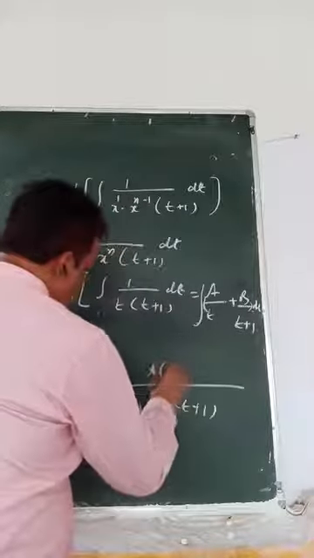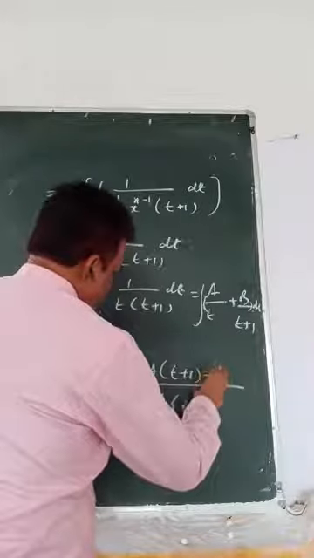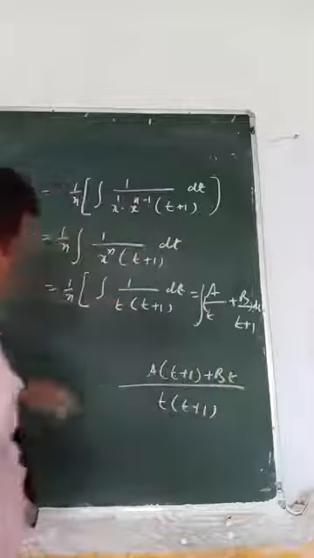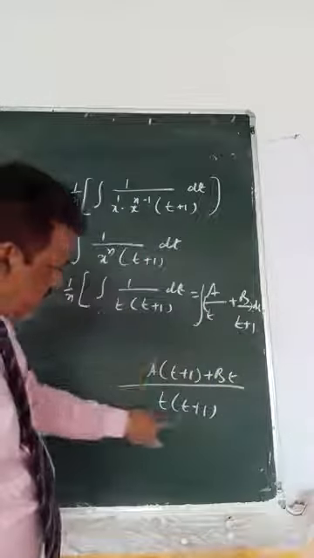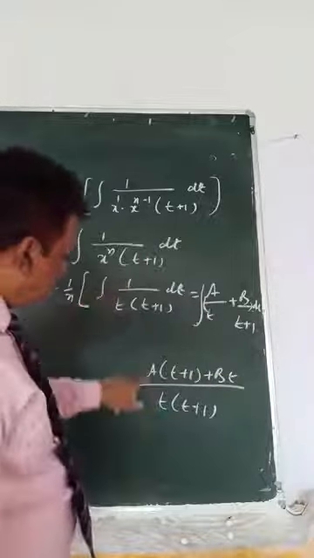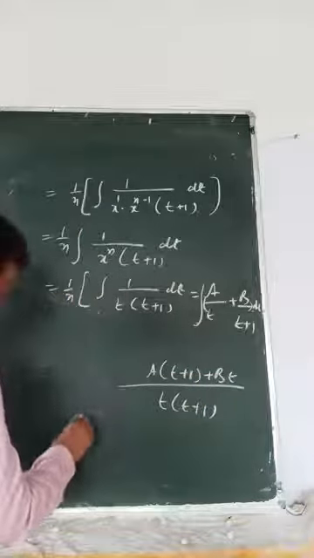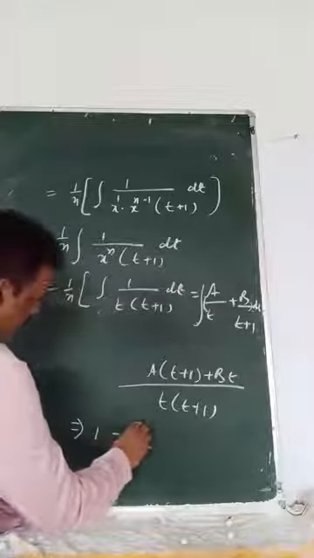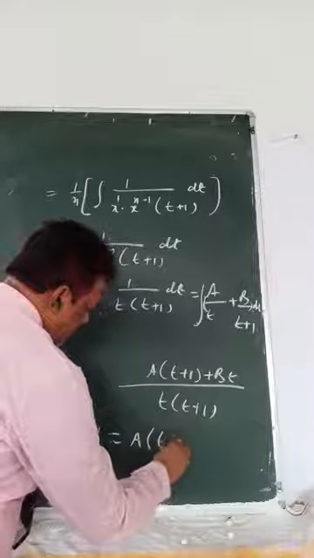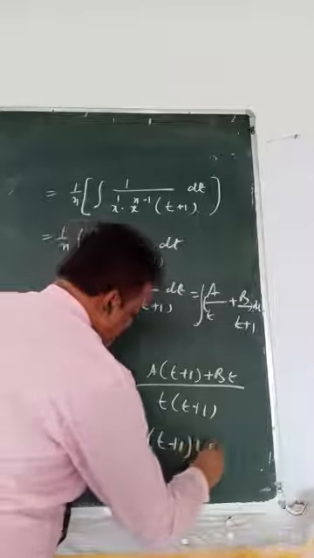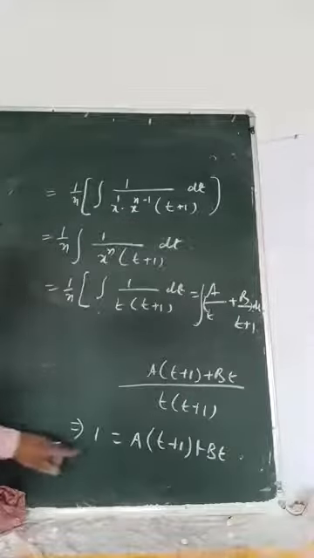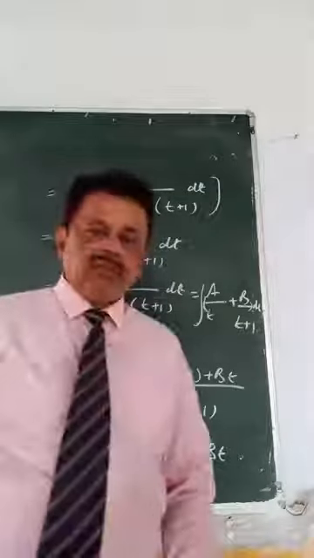This is a into t plus 1, b into t. Now compare numerators, because the denominator is the same. Numerator equals numerator. That means 1 equals a into t plus 1 plus b into t.